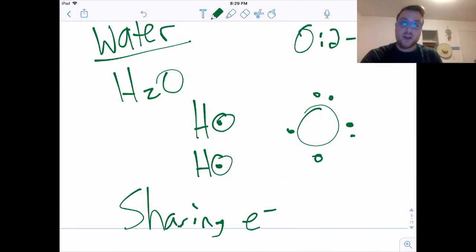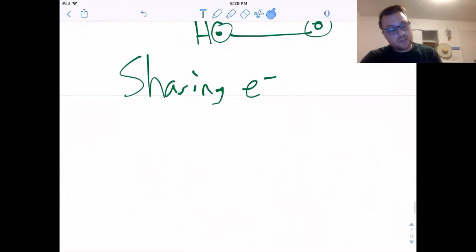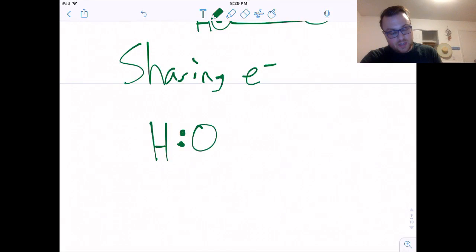So, they're just going to partner up. And then when you do that, make sure you clean it up. Make it look pretty. There's a few ways you can show this. You can show the electrons being shared like this, or you can show it in a bond.